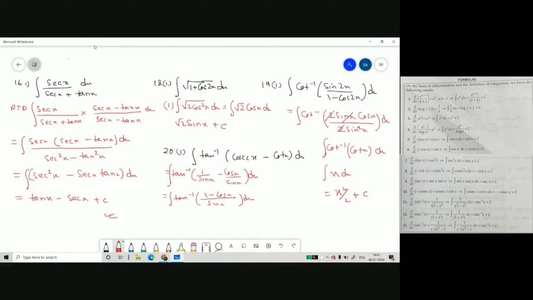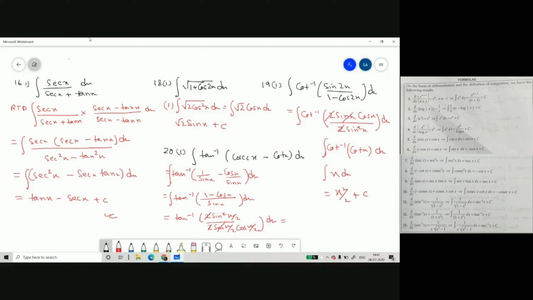Now we'll use the multiple angle formula. You know, this is tan inverse, 1 minus cos x will be 2 sine square x by 2, isn't it? And sine x, can I write 2 sine x by 2 cos x by 2? Look carefully, dx. So what remains?